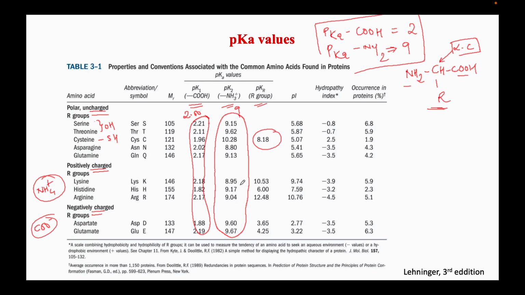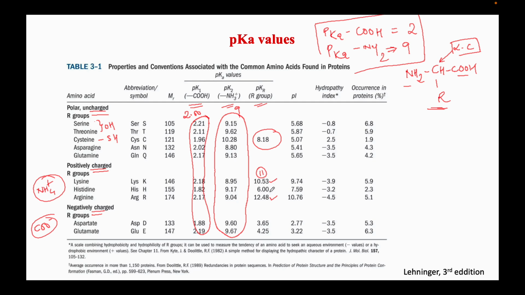Similarly, intuitively we know that the positively charged R groups will have pKa values similar to that of the amino group, approximately 10 and 12. We can consider the lysine and arginine side chains to be approximately 11, slightly higher than that of the amino group of the amino acid.